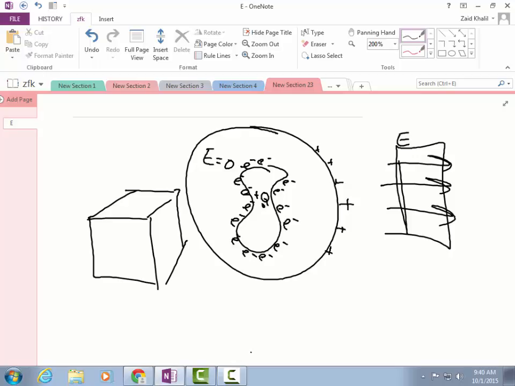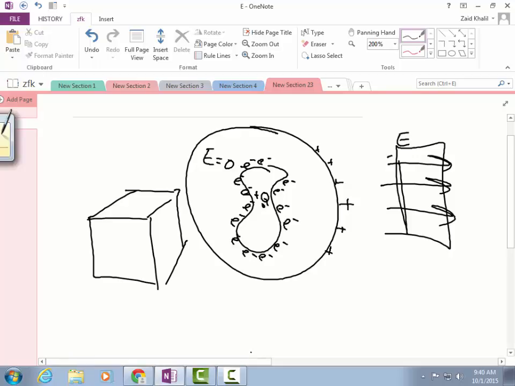The electrons move. Why? Because they have much less mass. So their acceleration is going to be 1,800 times that of whatever the ion is. So what's going to end up happening? Where's the electron going to move to?